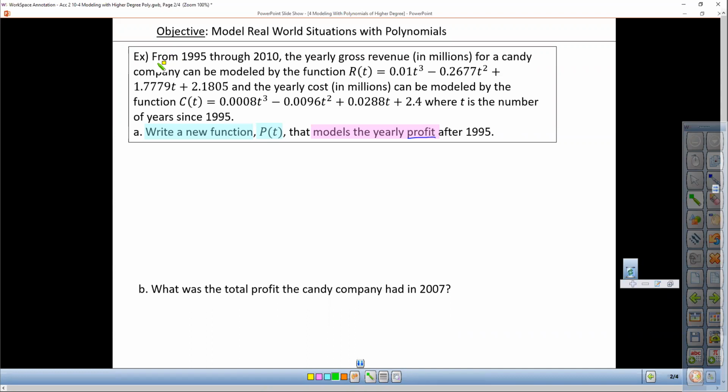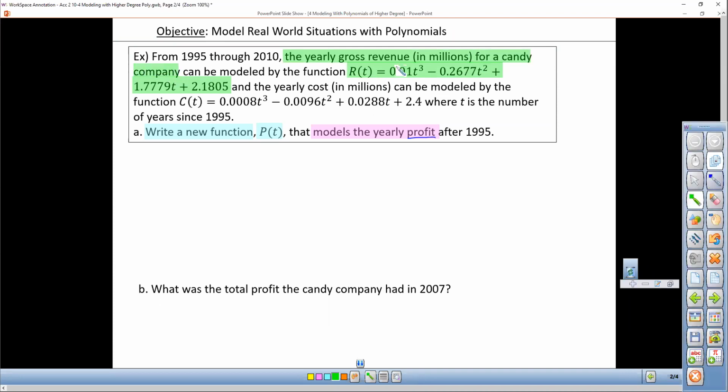So in this it says that our R of t is this function, and it's broken, notice, on the line. So that's why highlighting is again very helpful here. And what it models is the yearly gross revenue in millions for a candy company.